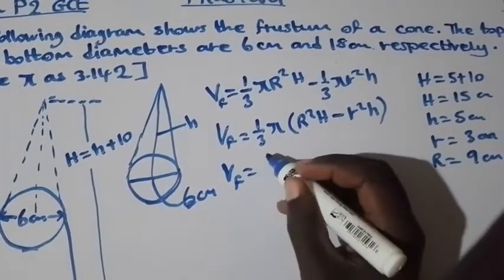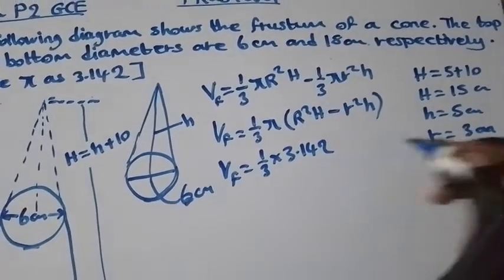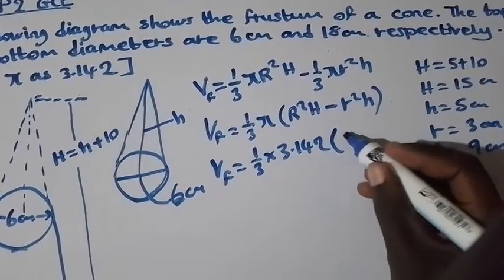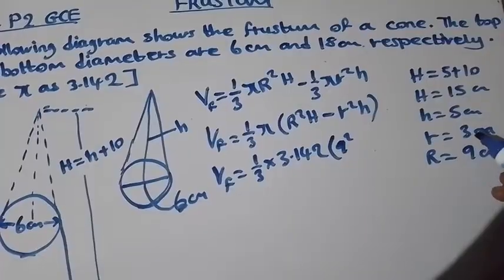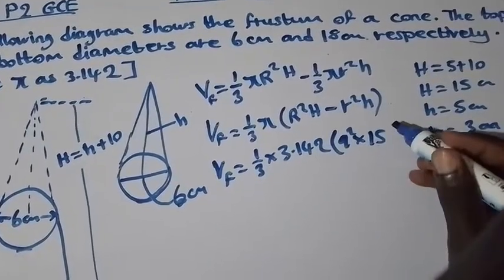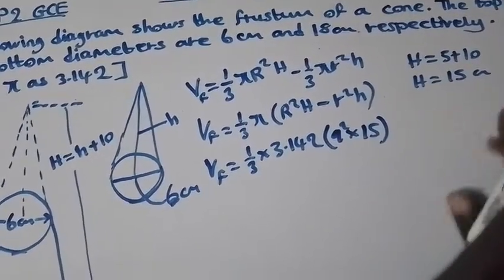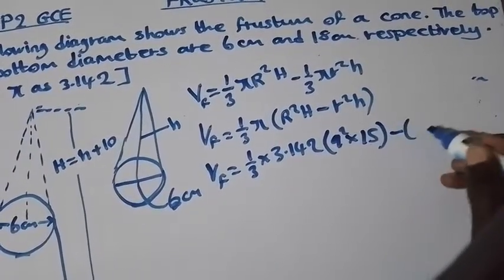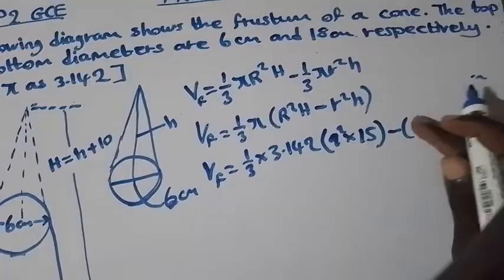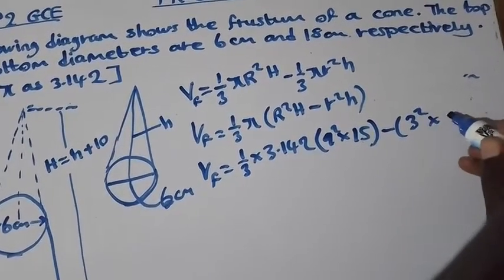So volume of the frustum equal to 1/3 times pi, 3.142, times capital letter R, from the data it's 9, squared, times capital letter H, it's 15, minus, open bracket, small letter r, it's 3, squared times h, which is 5.